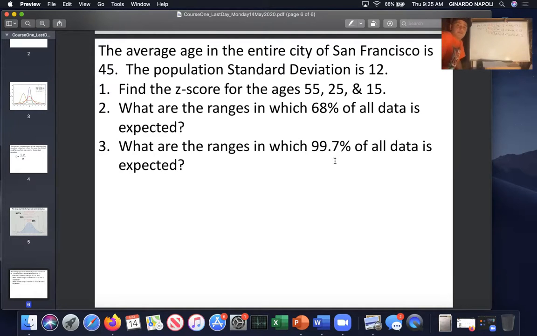So we sampled people in San Francisco, and we have the average age of 45 and the standard deviation of 12. For number one, you want to do 55 minus 45 divided by 12, and then 25 minus 45 divided by 12, and then 15 minus 45 divided by 12.